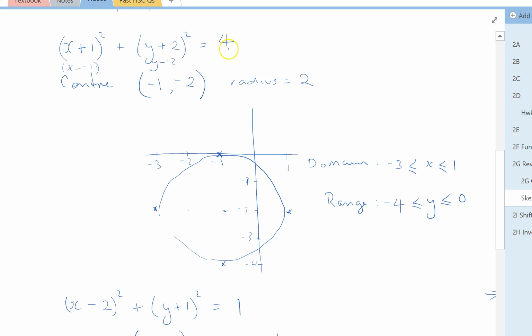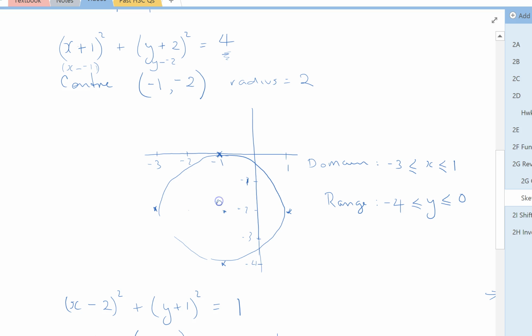And over here I've got that it's equal to 4, which means the radius is the square root of 4, which is 2. And we don't consider -2 because you can't get a negative radius. So locate your centre at -1, -2. This is my centre.